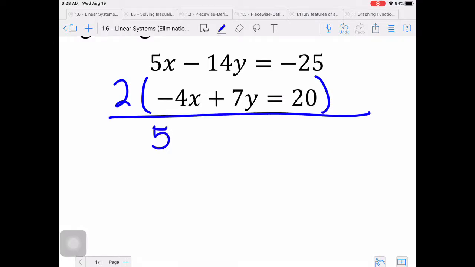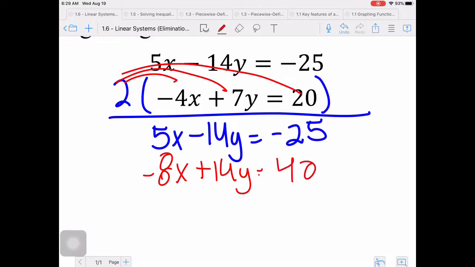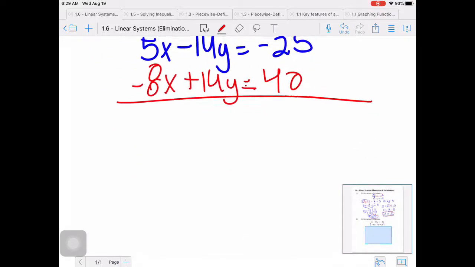I'm going to take the top equation, which is 5x minus 14y equals -25. And now I'm going to multiply the bottom one. So I get -8x plus 14y equals 40.